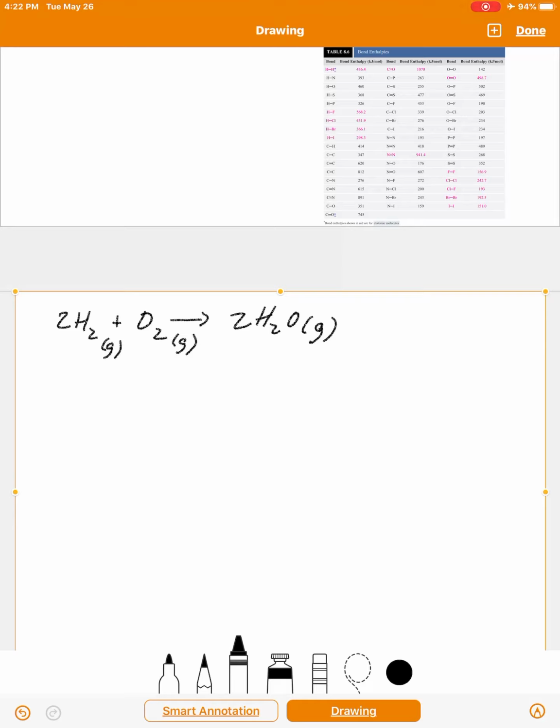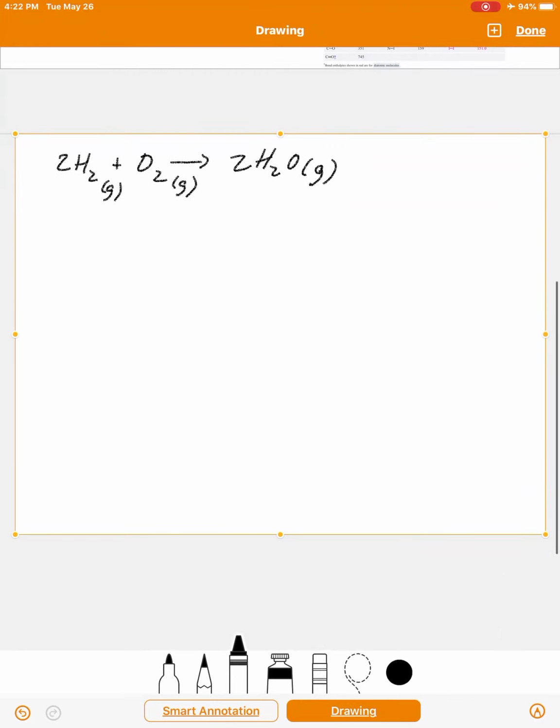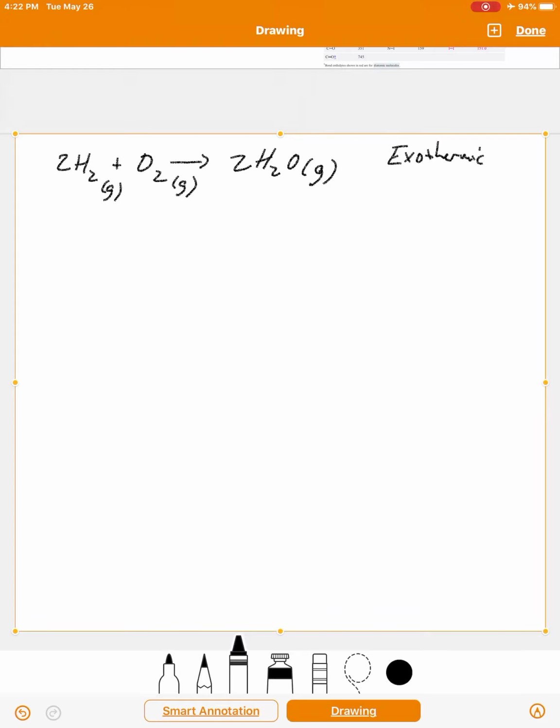Those bond enthalpy values in table 8.6 are tabulated for gas phase chemical bonds, how much energy it takes to break chemical bonds in the gas phase, not solid or liquid or aqueous. Now, here's what I'm going to say. This process is exothermic. The formation of water from hydrogen and oxygen is, under normal circumstances, an exothermic process.